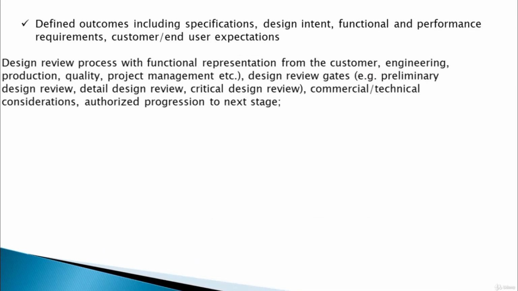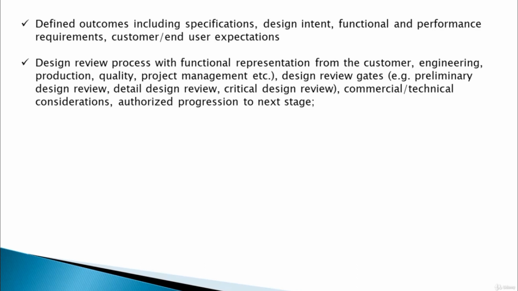Also, the organization is to retain documented information on the design review process with functional representation from the customer, engineering, production, quality, and project management, and design review gates like preliminary design review, detailed design review, critical design review, and commercial or technical consideration, and authorized progression to the next stage. So basically, the organization needs to document that it has what it takes to go through each stage and go through the design.